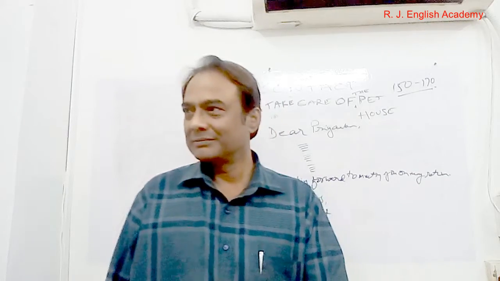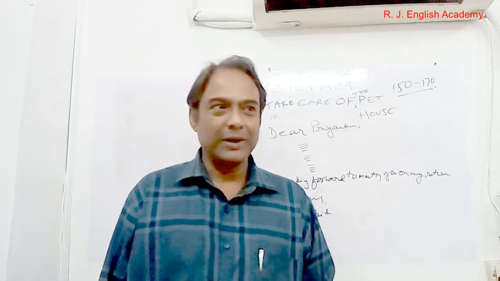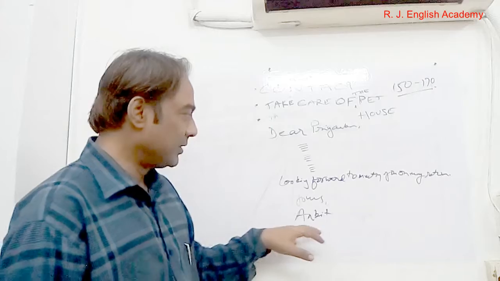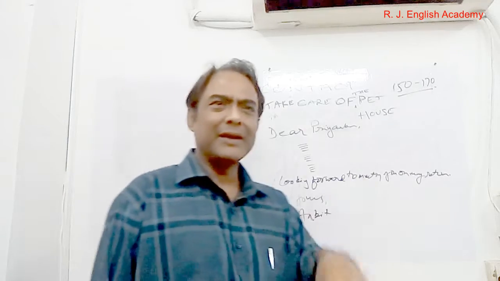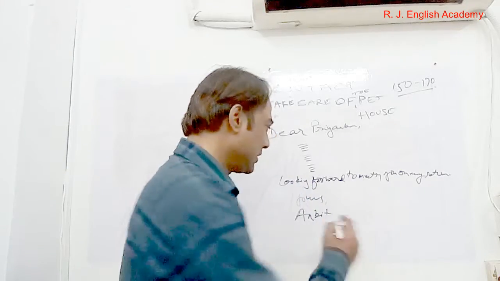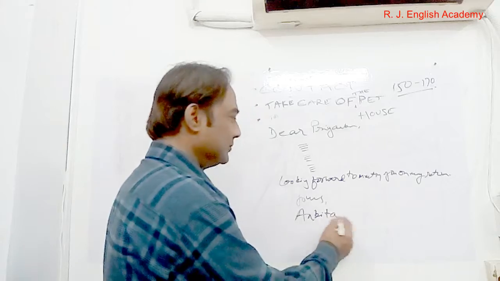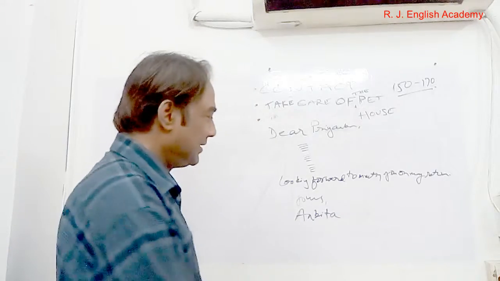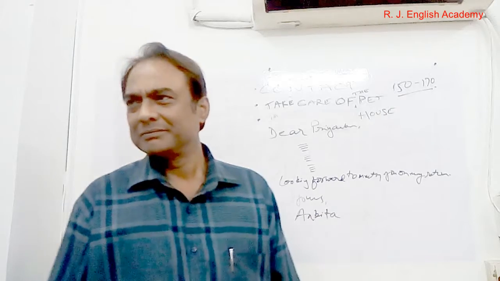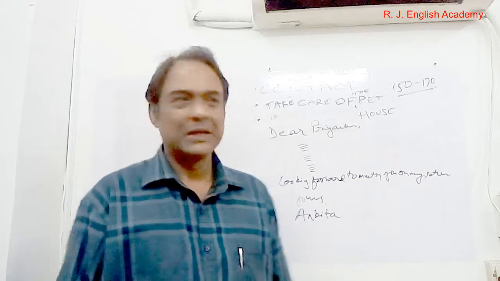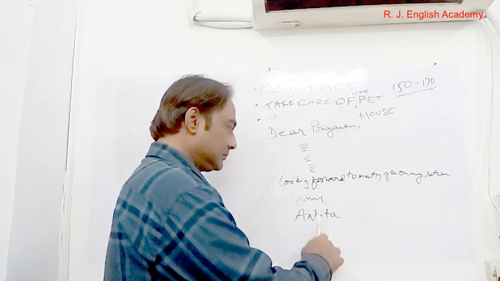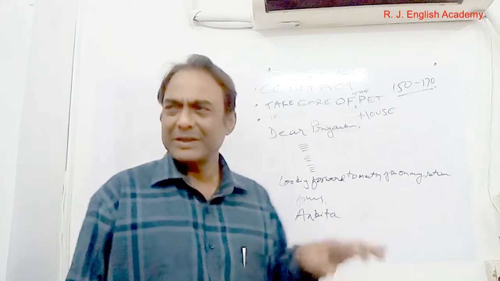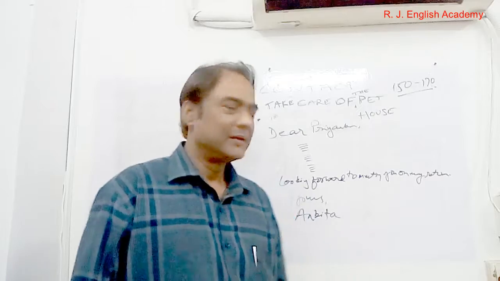Or if you don't want to use your own name, you can write some other name, but write an Indian name. Ankita would make it a feminine name. You use any name that you want, but an Indian name. And use your own name. It sounds more authentic.